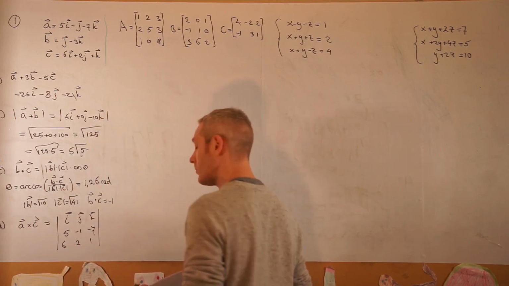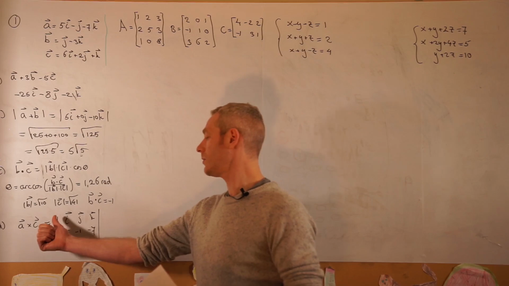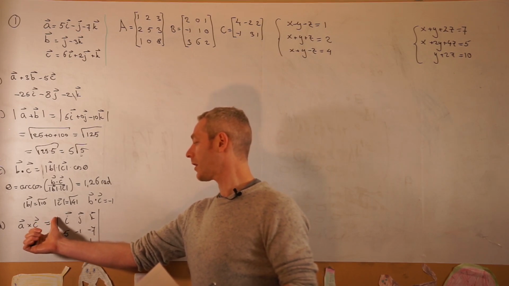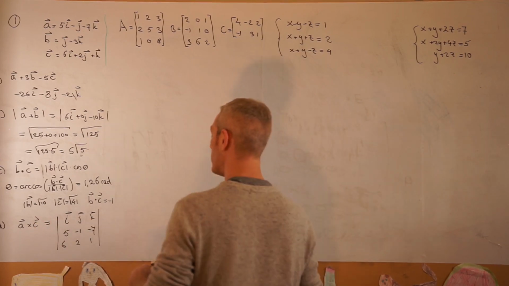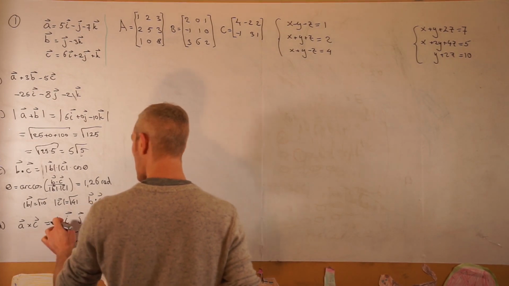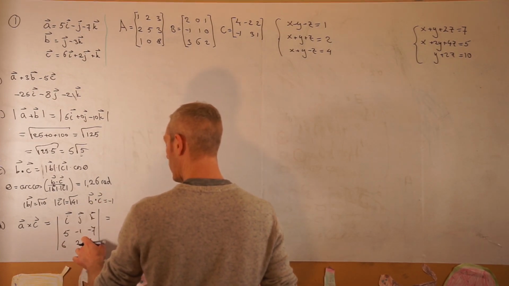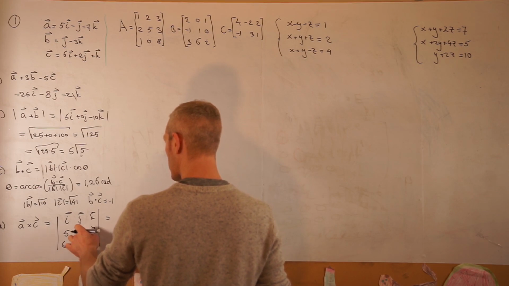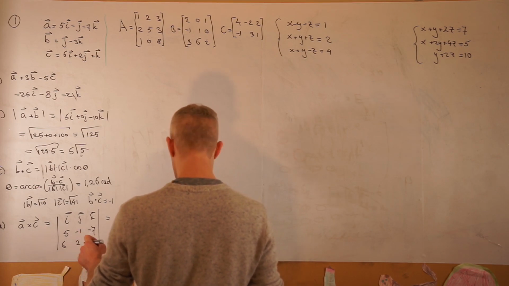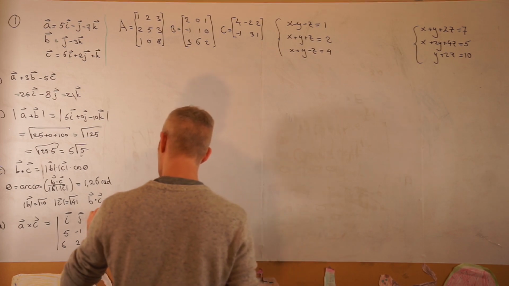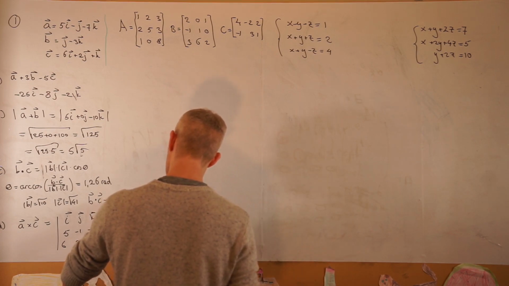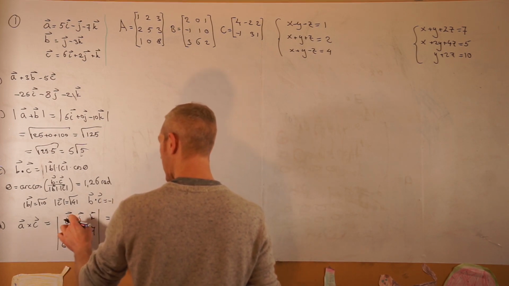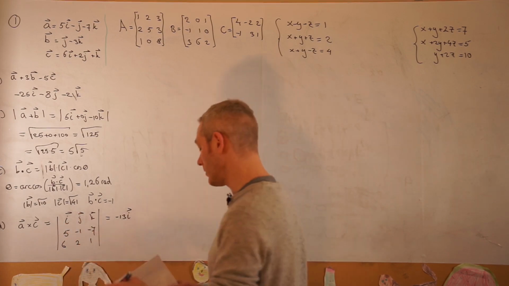And then if you're using this, you calculate the determinant using the first row. So this is i times 1 minus 1 plus 14, so that is minus 13i. Then I have a minus sign because of the minus in the determinant here.